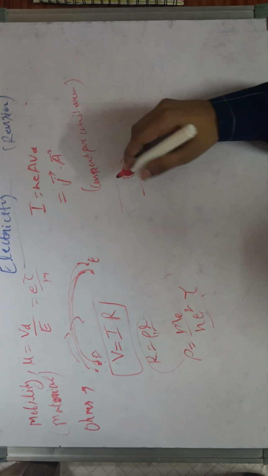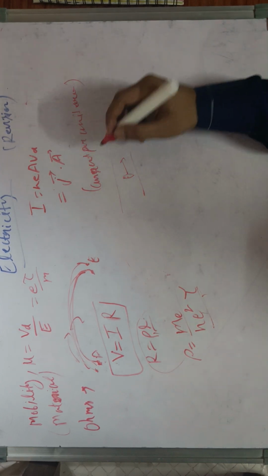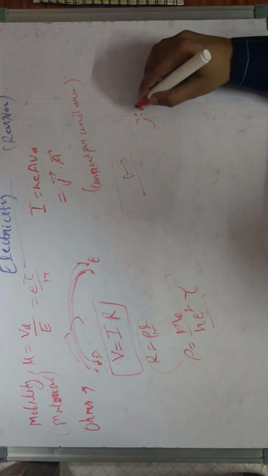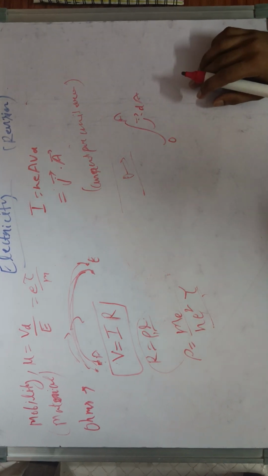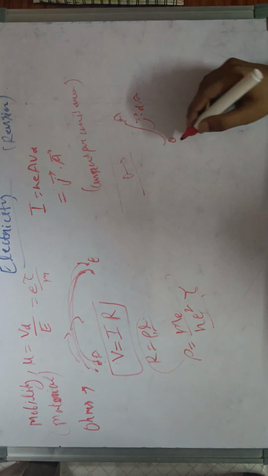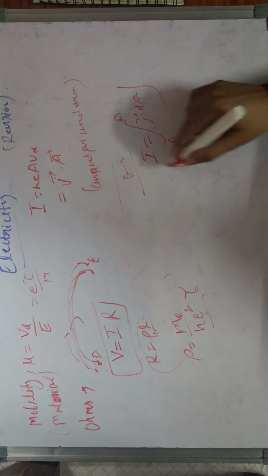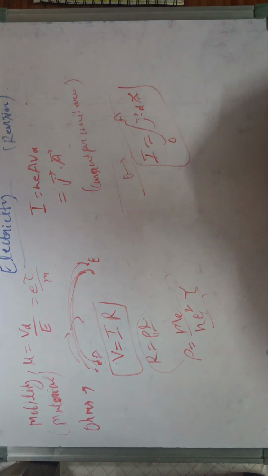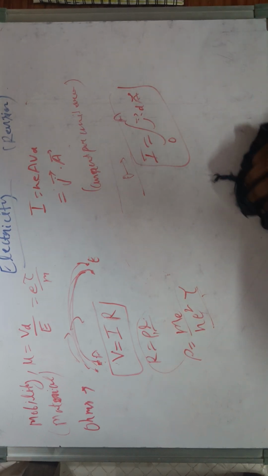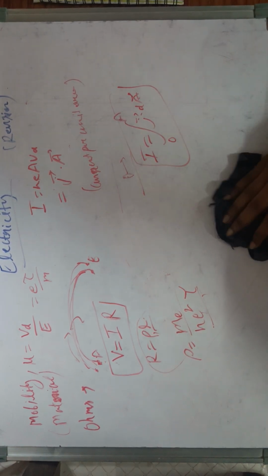So if I take the integration of current per unit area over the whole surface, the whole cross sectional area, then it will give the total current passing through it. So this is another way of finding the current from the current density.